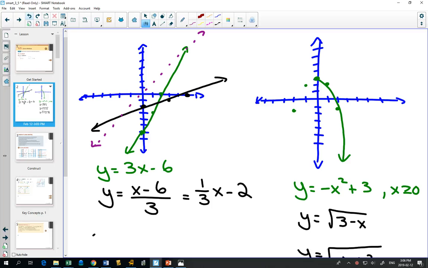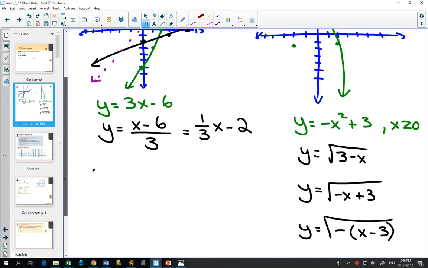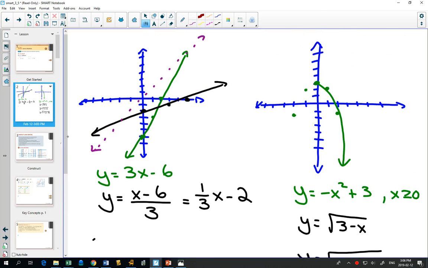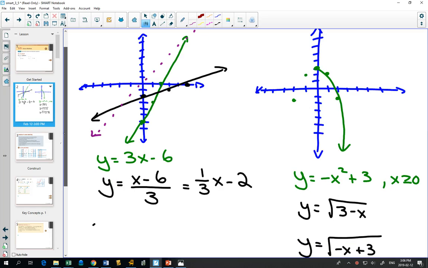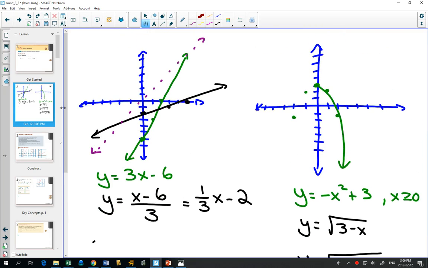What does the graph of the square root of negative (x minus 3) look like? The negative would take your square root graph and flip it over the x-axis. No, it's inside. It would flip it over the y-axis. And then you would move 3 to the right. So it's been flipped over this way, moved 3 to the right.